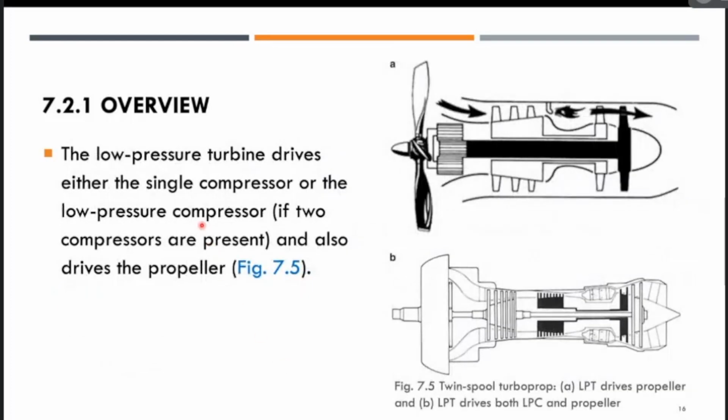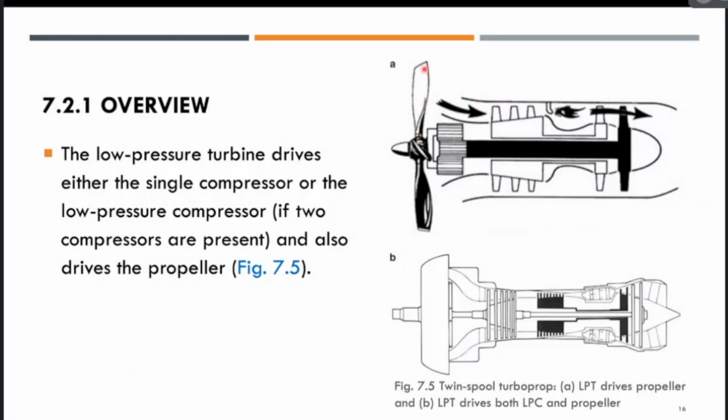The low pressure turbine drives either the single compressor or the low pressure compressor, if two compressors are present, and also drives the propeller as shown in figure 7.5. Figure 7.5 is the twin spool turboprop schematic diagram. A low pressure turbine, as shown in picture A, drives the propeller.